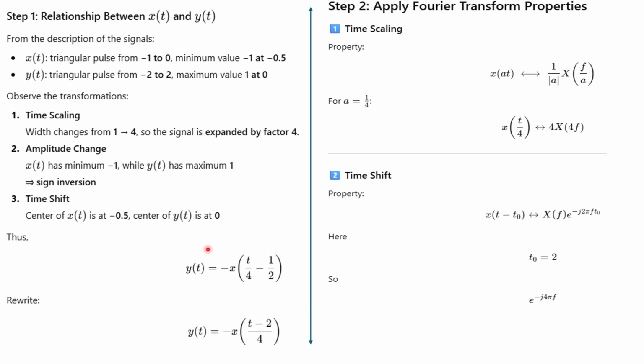Since we already have y(t) in the time domain, we just have to convert it to the frequency domain. Here we are scaling by 1/4 in time and shifting in time by half. Scaling in time leads to the inverse scaling in the frequency domain, and shifting in time by t naught leads to multiplication by an exponential function. So finally your answer will be minus 4X(4f) times the exponential of minus j omega.